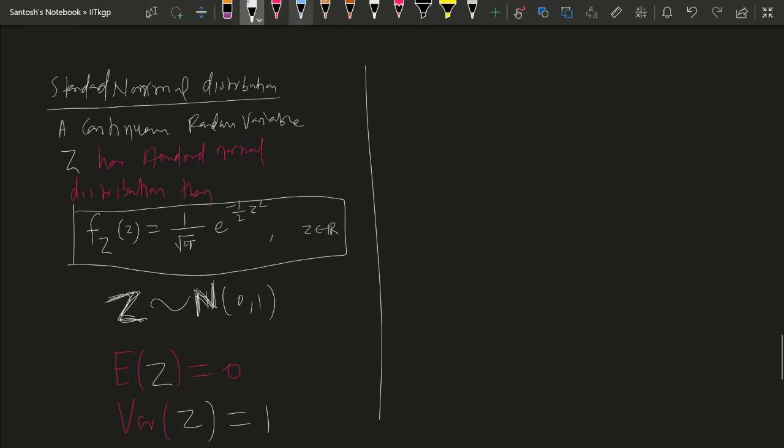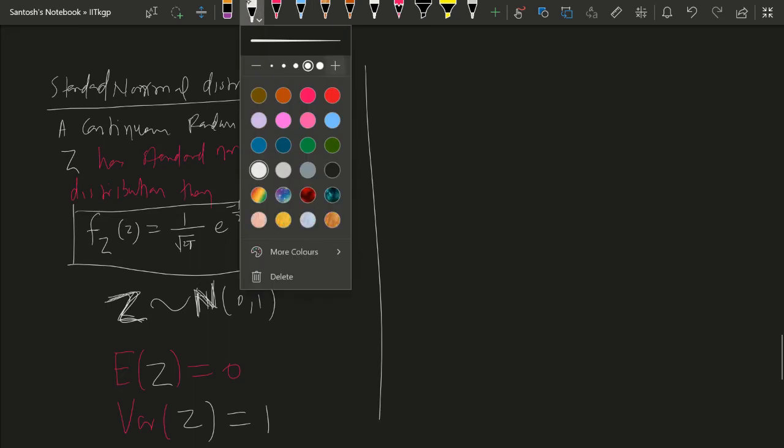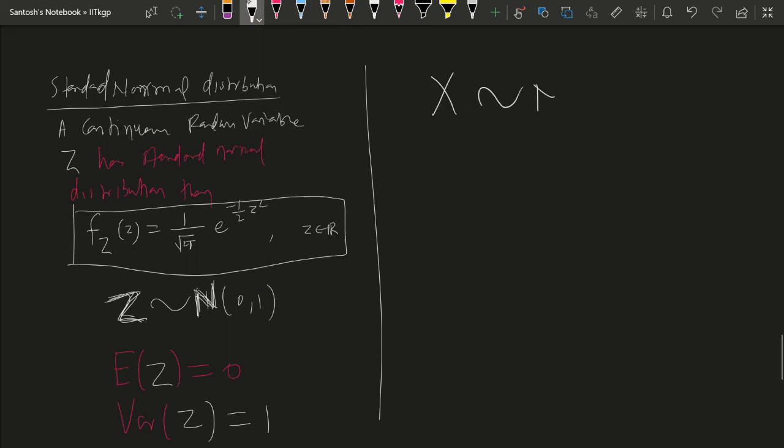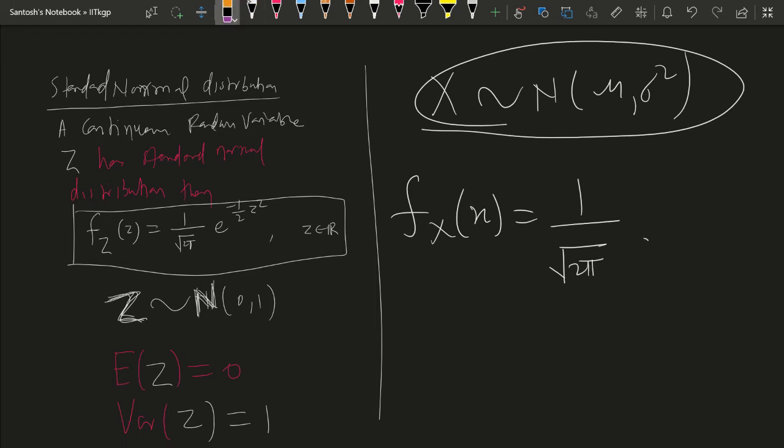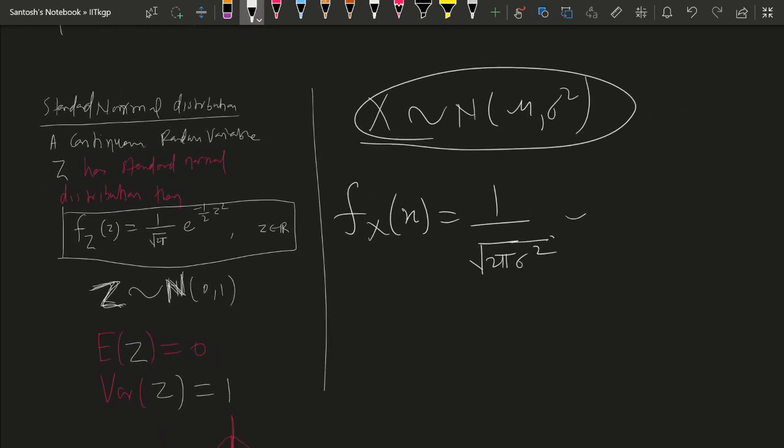If I define normal for you, we say X has distribution normal mu, sigma square. This is the general case. Its PDF is f_X(x) = 1 by root 2 pi sigma square, e raised to power minus half, x minus mu upon sigma, whole square.